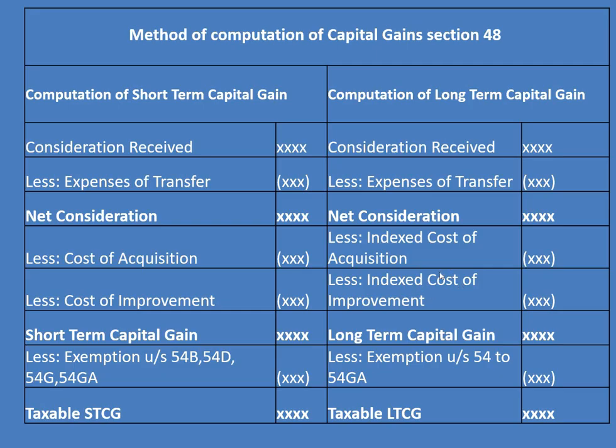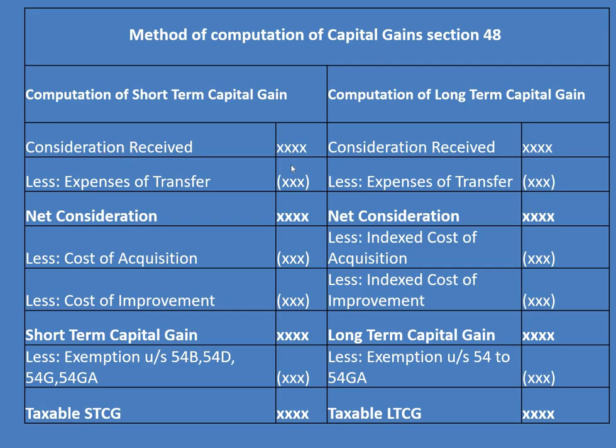Once you deduct these two from the net sale consideration, we will get the long-term or short-term capital gain. There are certain exemptions available for short-term and long-term capital gain, and that exemption we have to deduct to calculate taxable short-term capital gain and taxable long-term capital gain. Now we shall discuss each and every part of this format in detail.